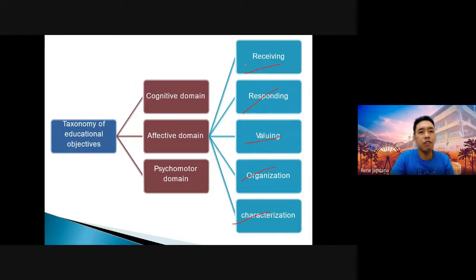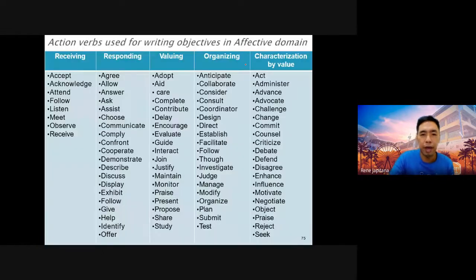There are also suggested action verbs that we'll be using when we craft the objectives. Later, we will analyze the type of objectives that we are going to see when we have our lesson plan. So when it is receiving, acknowledge or listen, observe.